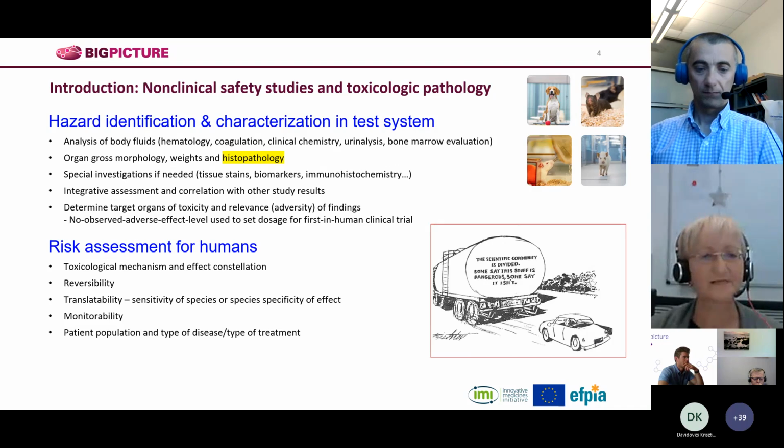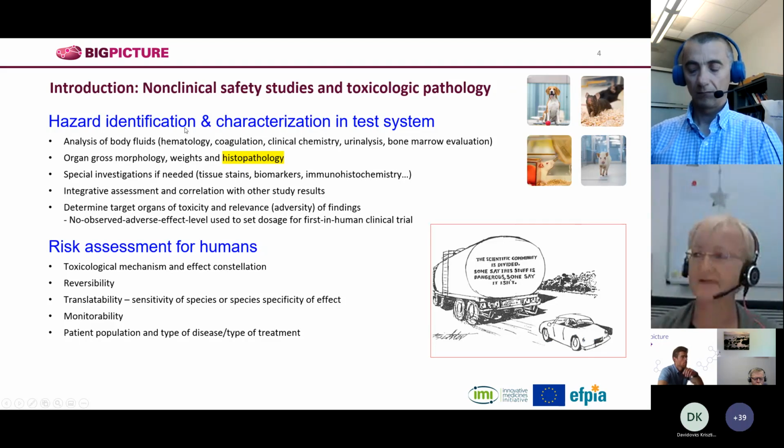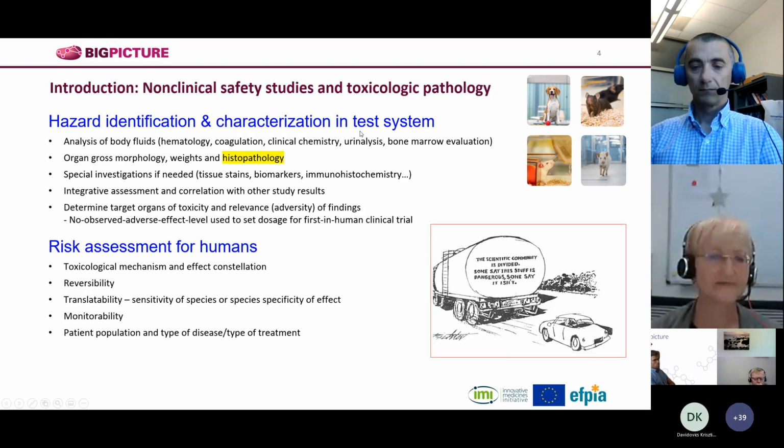So in non-clinical safety and in toxicologic pathology, what we do is that we identify hazards for humans and characterize those hazards by evaluating a biological test system which is not man. So this is laboratory animals. In those studies, among many parameters, we are doing pathology evaluations.